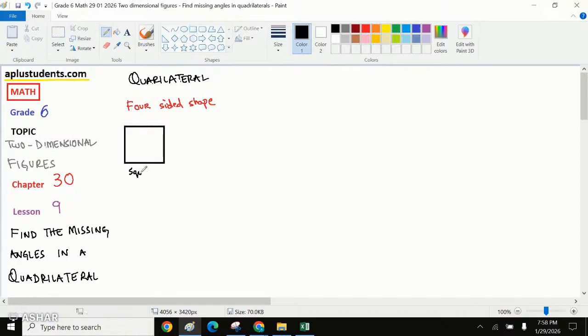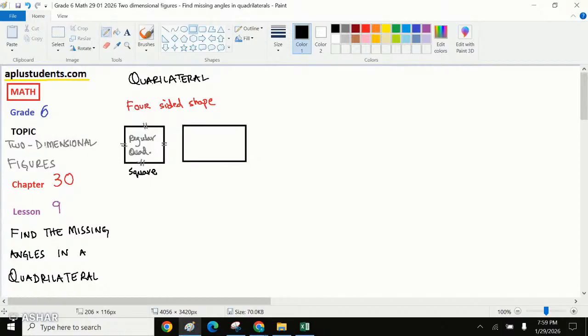It could be a square, but in a square all the lengths are the same. So we say that when all the lengths are the same, it is a regular quadrilateral. Okay, but let's suppose we consider a rectangle.